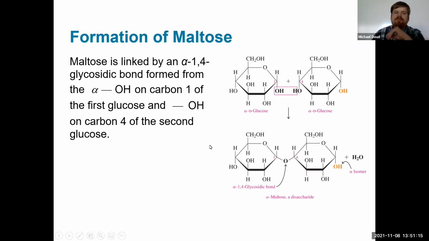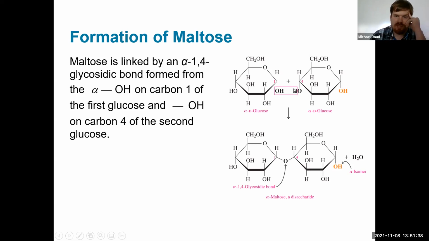Okay, now here's the main thing that we want to understand about these disaccharides: the linkages on di and polysaccharides are what's really important. So for maltose in particular, you take an alpha D glucose and another alpha D glucose.